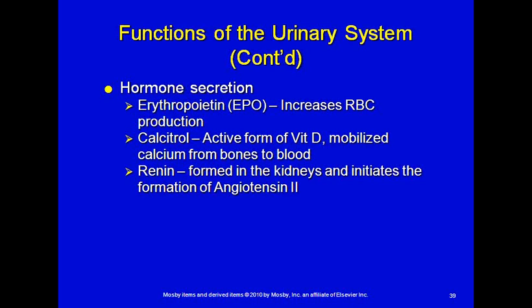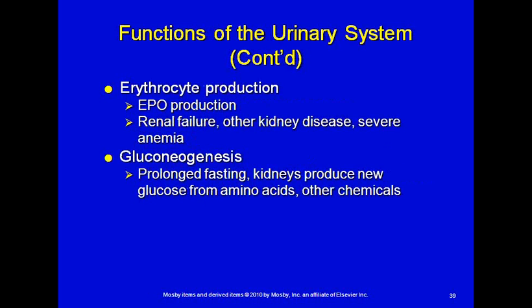Renin is formed in the kidneys, and again, it initiates the formation of angiotensin II. Because the kidneys are somewhat responsible for red cell production, during renal failure or with other kidney diseases, erythropoietin may not be secreted, which can lead to severe anemia.